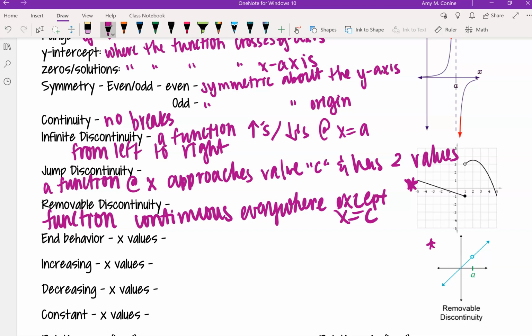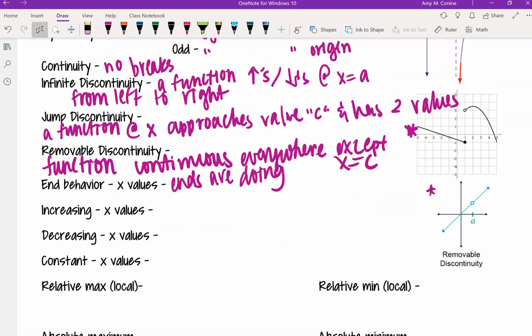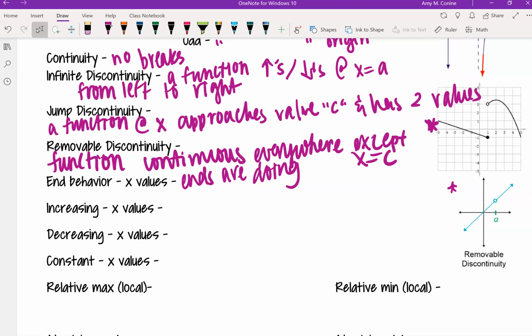So your end behavior is what your x values are doing. It just says what the ends are doing. You're describing which direction they're going, whether they're going negative infinity, positive infinity. Again, all of these are going to use x values. So increasing and decreasing, you're looking from left to right, okay?